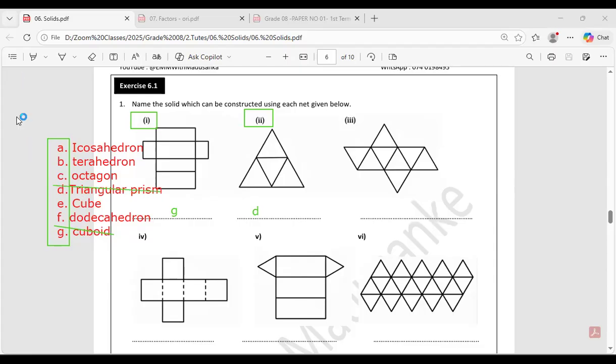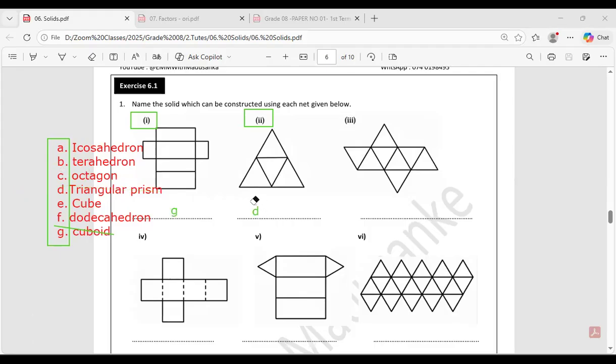Then again E. C. See? The B. B for ball, right? Alright. So this should be B. Then this is not D. This is not the triangular prism, but it should be D. And then make a D window on it.